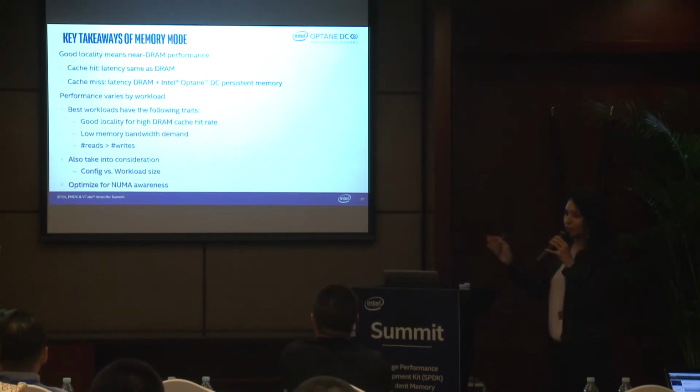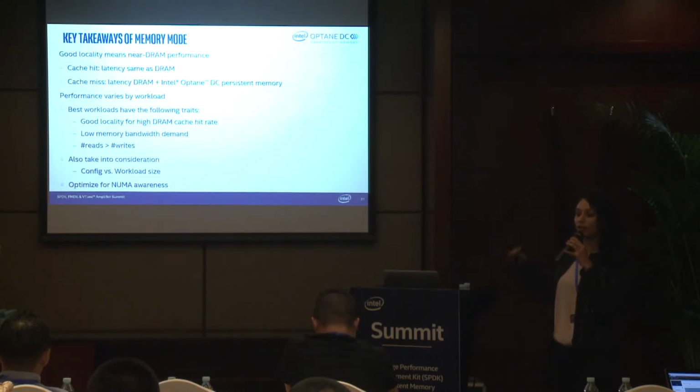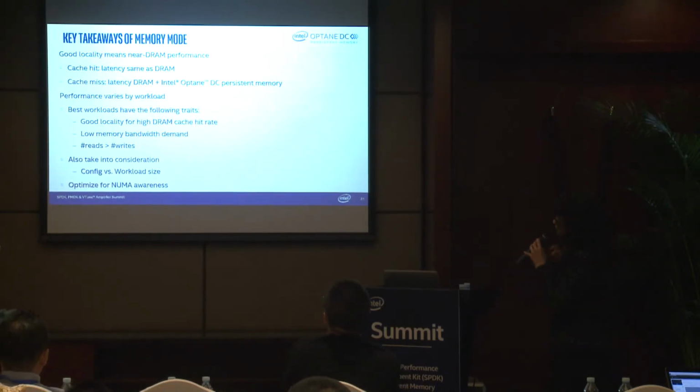So the performance again is going to vary by workload. The best workloads that we've seen have these following traits. They have good locality, they have low memory bandwidth demand, and your number of reads is greater than the number of writes. That's because reads are more performant than writes. That's one of the reasons.